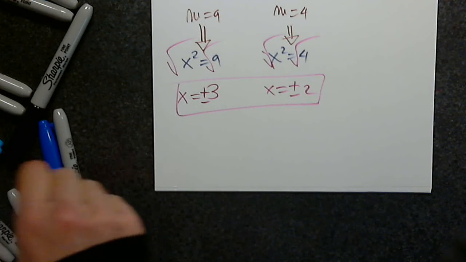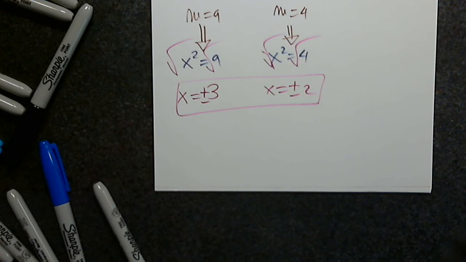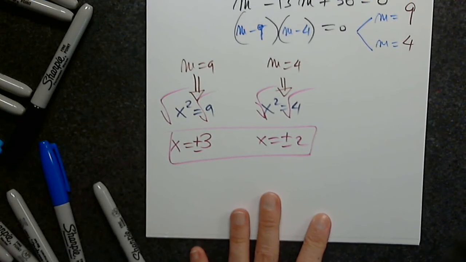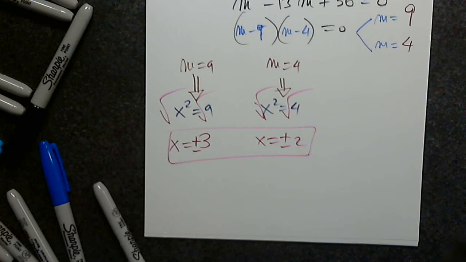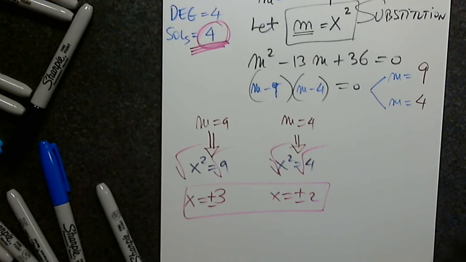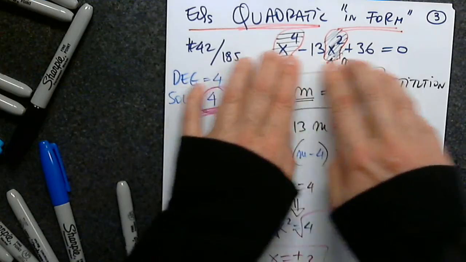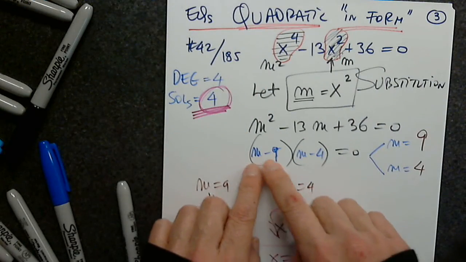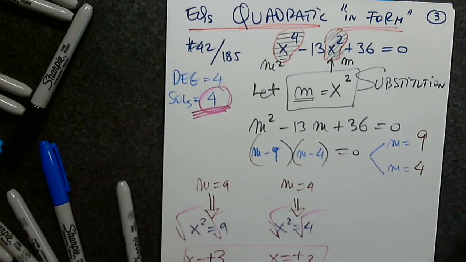Let's look at another application of this, another equation in which we will use a substitution. Now you can say, and I do have students almost every semester telling me, I don't want to use your substitution. I don't care for it. I can easily factor this into x squared minus 9 times x squared minus 4. Awesome. That's fine. You don't have to use a substitution.